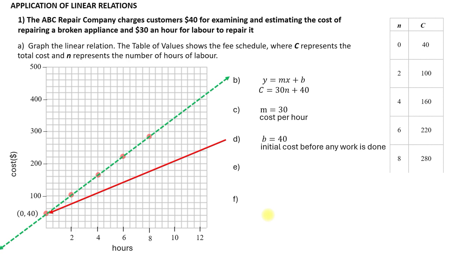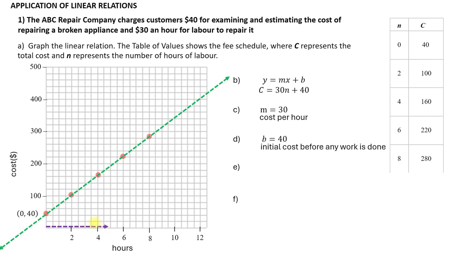Then question E asks, by looking on the graph, how much would it cost for repairs if the work took 5 hours? And there's a couple of ways to figure this out, but they do tell us by looking on the graph. So let's do that. Here we just travel along until we get to the 5-hour point.